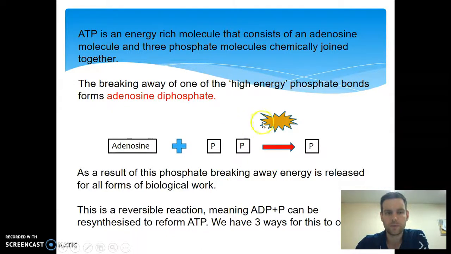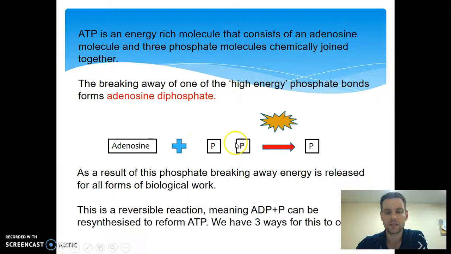Like I said before, what we're seeing here is the last phosphate group in this adenosine triphosphate breaking off, and this little explosion here is a releasing of energy for all sorts of different things. As a result, the phosphate breaks off, but this is a reversible reaction, meaning that what we're left with is an adenosine molecule plus 2 phosphate molecules.